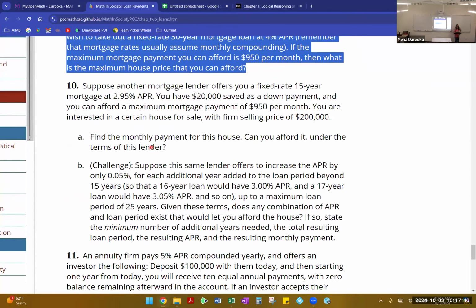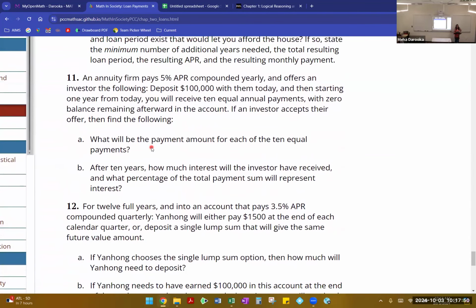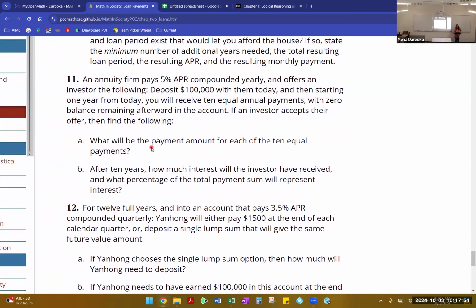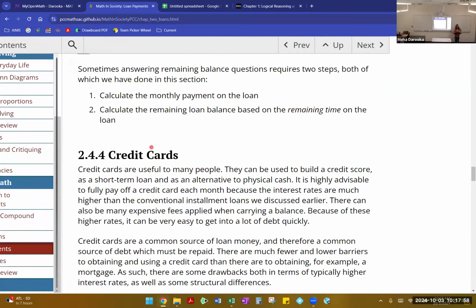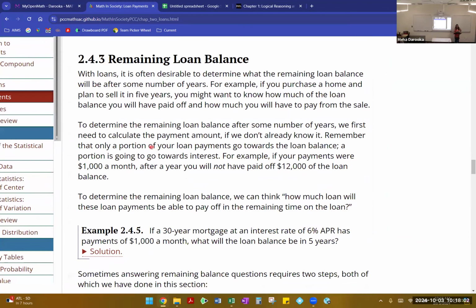Alrighty, let's see. Let's go back to our remaining loan balance here. Okay, with loans, it is often desirable to determine what is the remaining loan balance after some number of years.